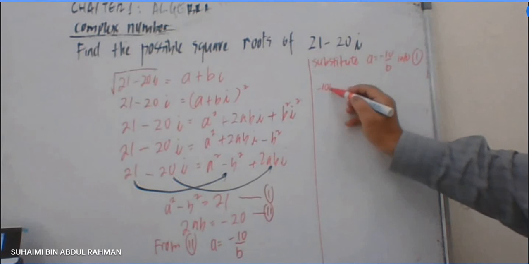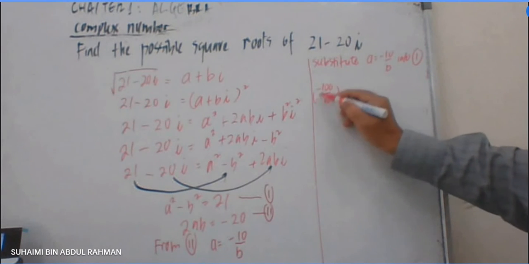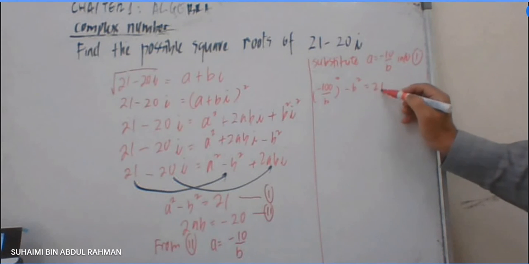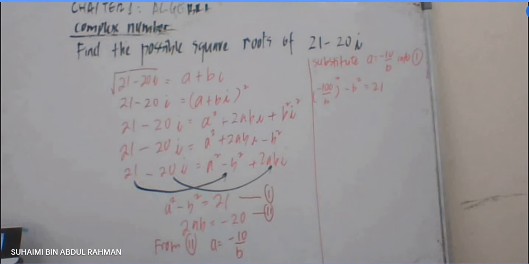So minus 10 over b, square, minus b square equal to 21.